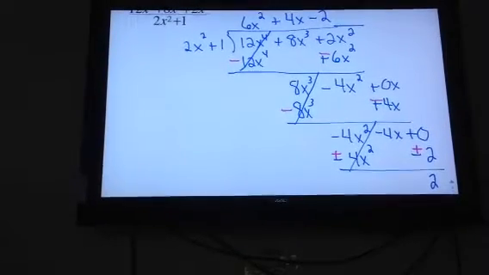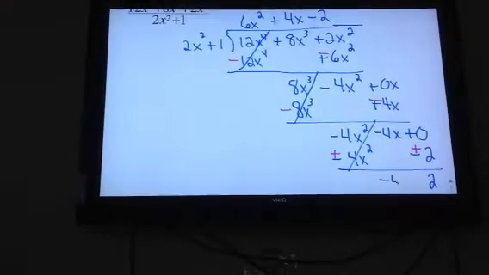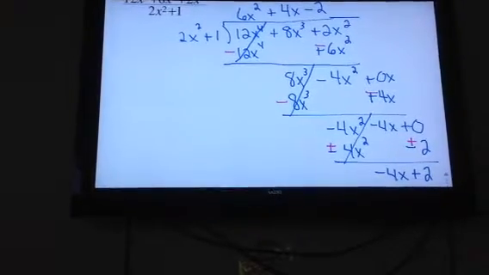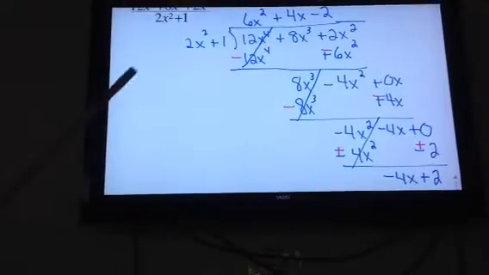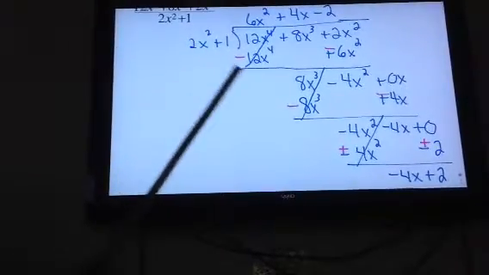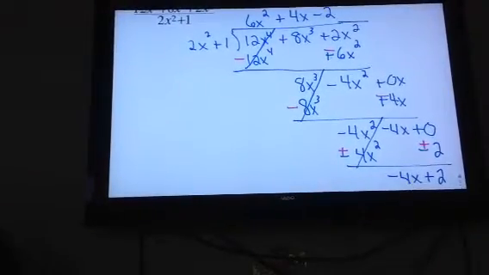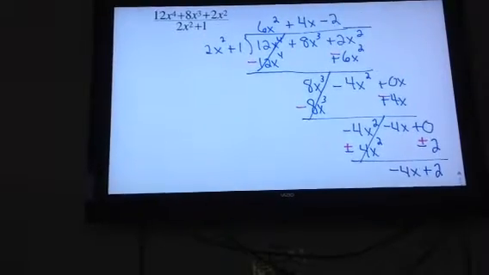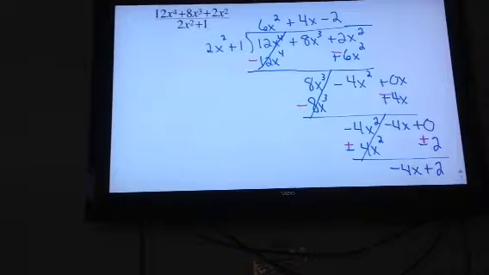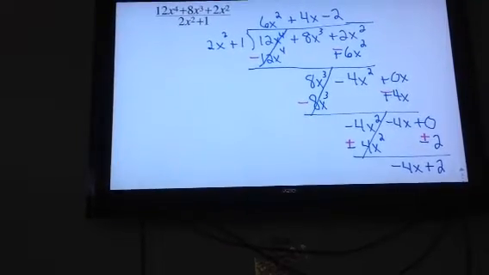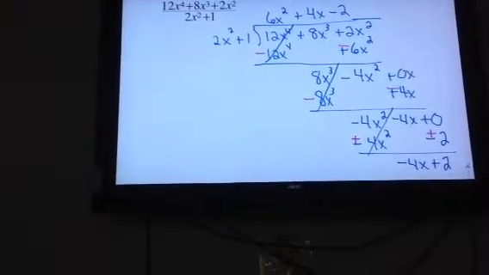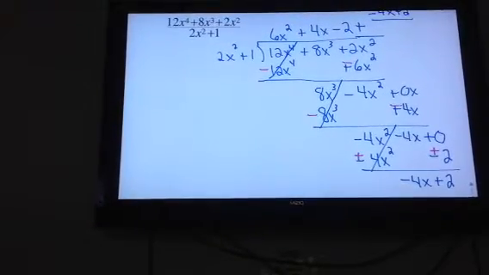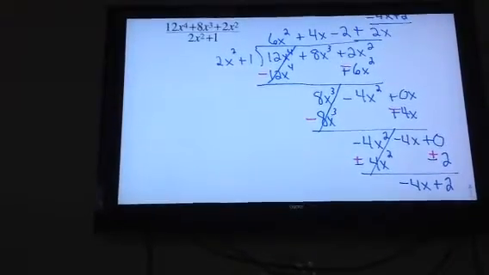I skipped over the negative 4x, so I bring it down now. 2x squared will not divide into negative 4x. So you're done. That's your remainder, which I write as plus negative 4x plus 2 over 2x squared plus 1.